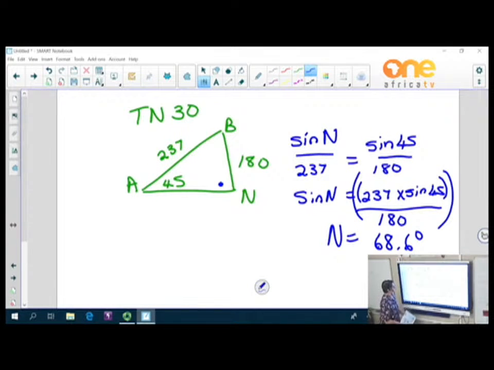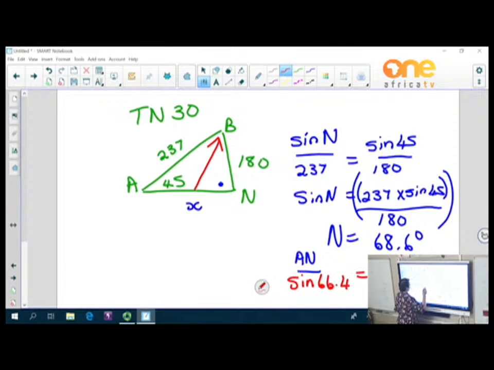And then they say the distance AN. So now this is what we want to calculate. So it is then AN over, now we have to put it over the opposite angle, isn't it? So I need B. I don't have B at this stage. So it will then be 180 degrees minus 45 minus that 68.6 degrees, 66.4. So over sine 66.4 is equal to, and now I'm going to take this 2, so it's that length.